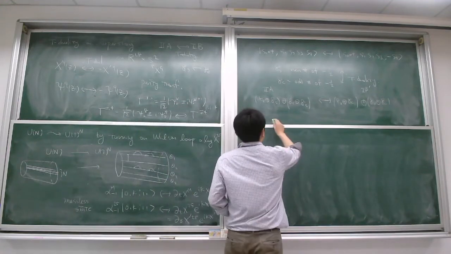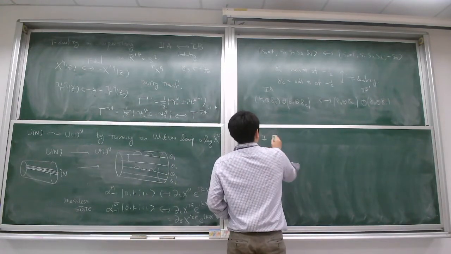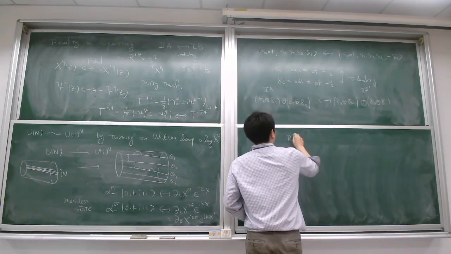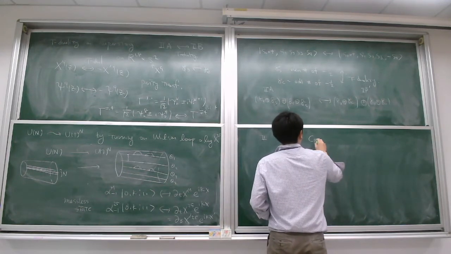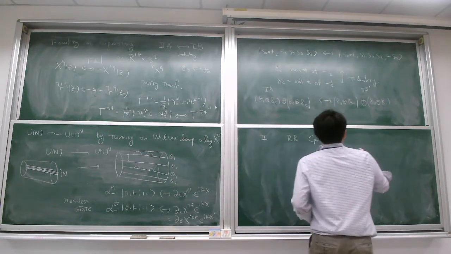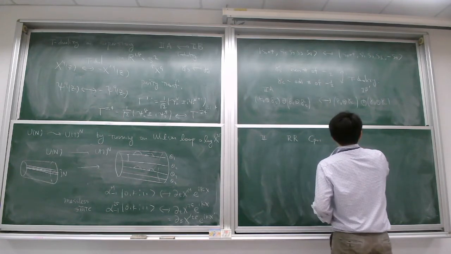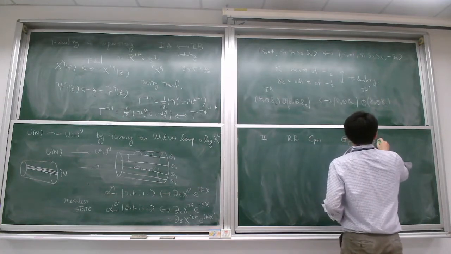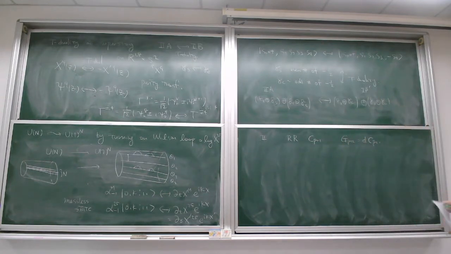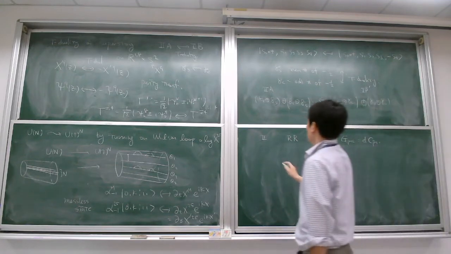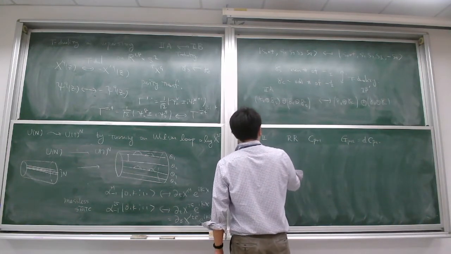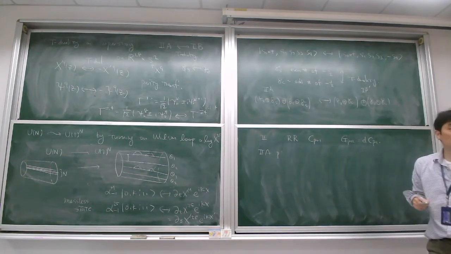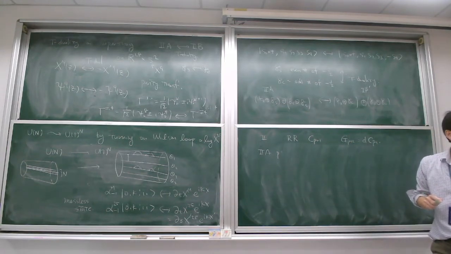We know that in type 2 strings, you have a Ramond-Ramond p plus 1 form, and then G p plus 2 is the field strength. It's just a derivative of this one. In 2A, does p have to be even or odd? Which one?